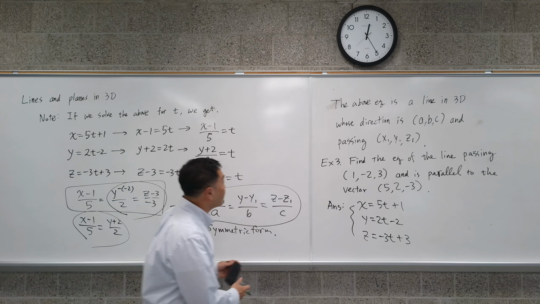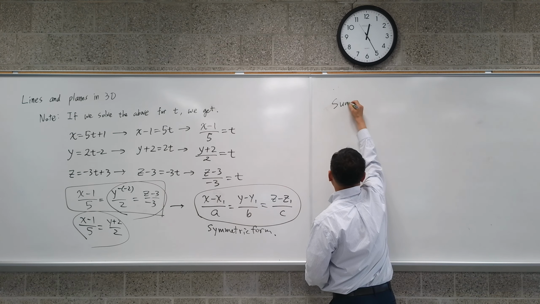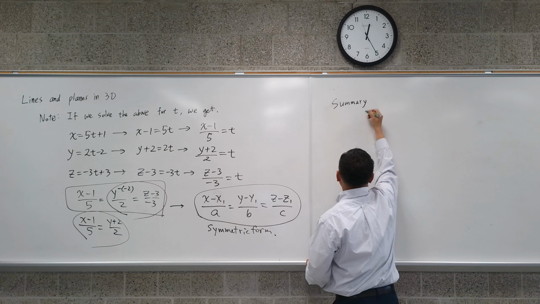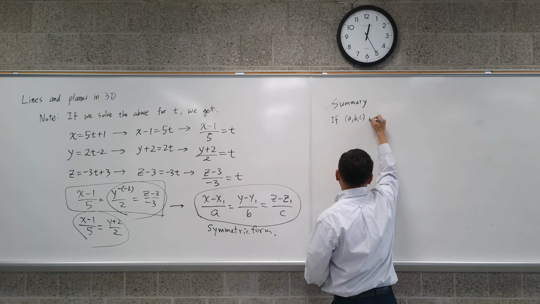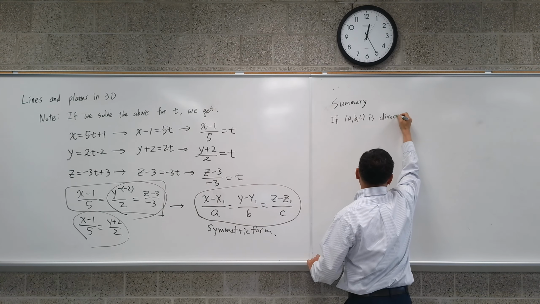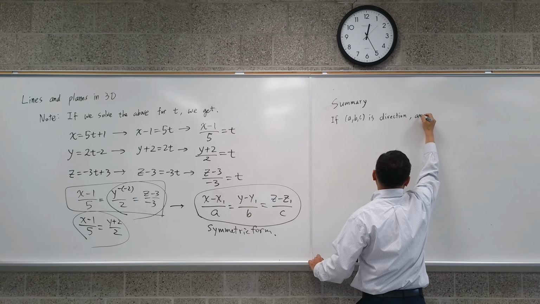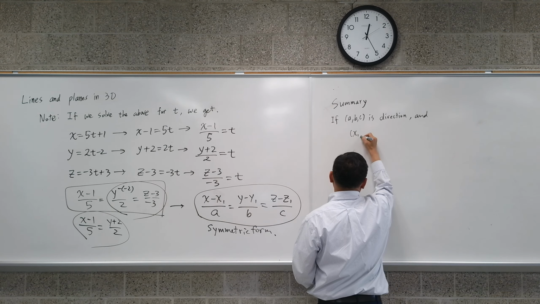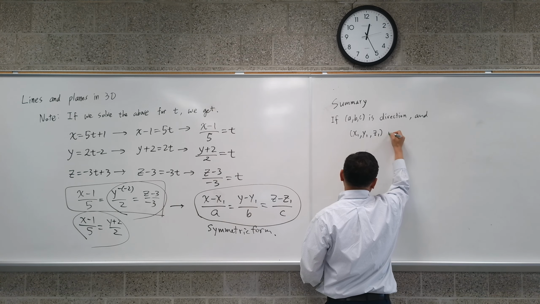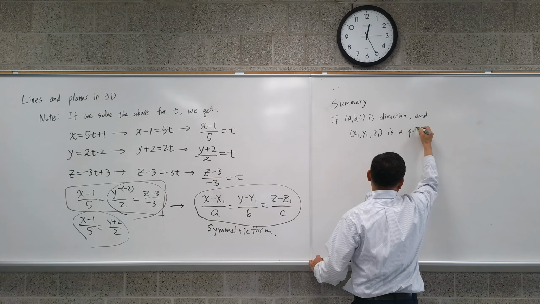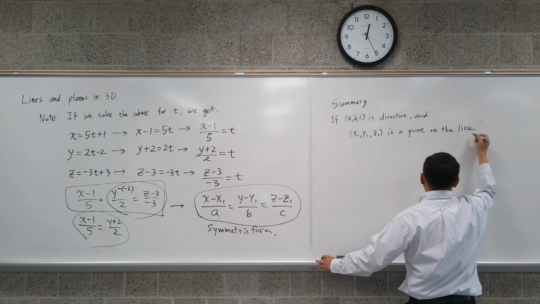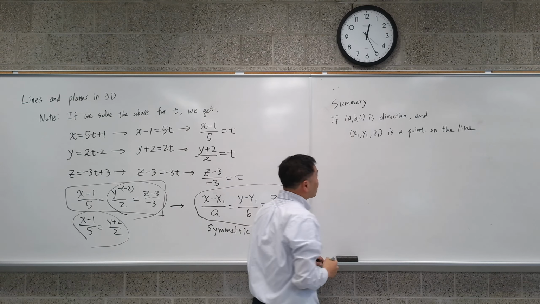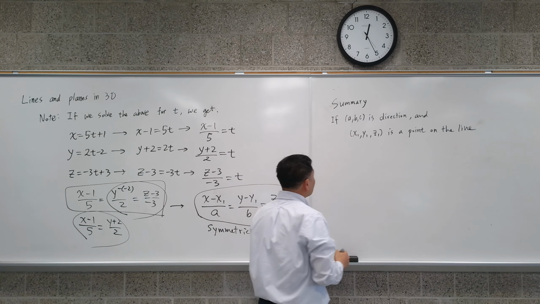So, summary: if A, B, C is the direction and x1, y1, z1 is a point on the line, then the equation of this line in 3D can be written in two ways.